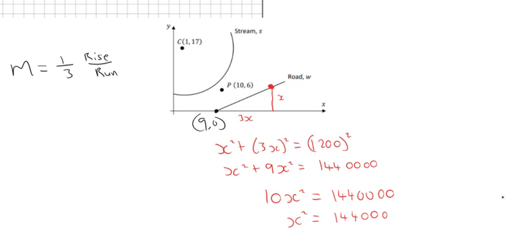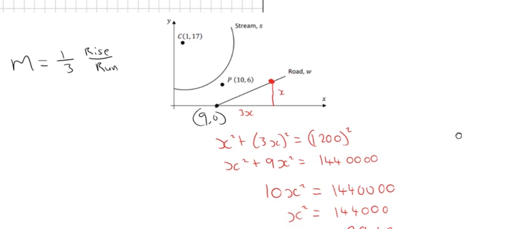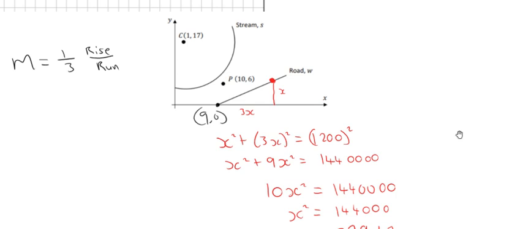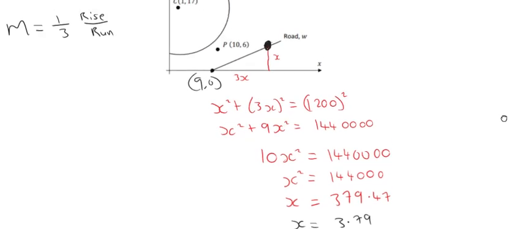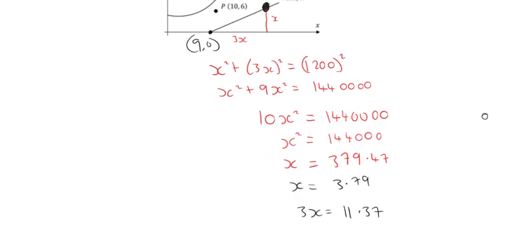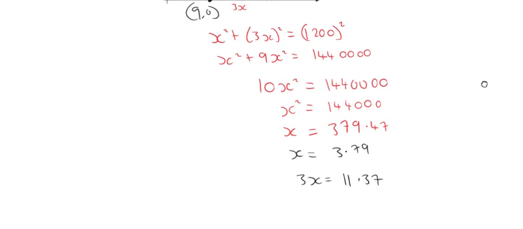That's the point where you walked from here. So my new coordinate up here, this red one that we're trying to work out, I've set it in now. So to get the x coordinate, I'm going to add on 11.37 onto the x coordinate. So 9 plus 11.37. And then the y coordinate is just going to be what x is. So that's just going to be 3.79.